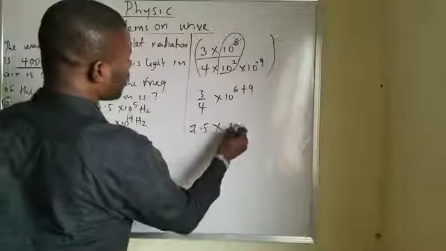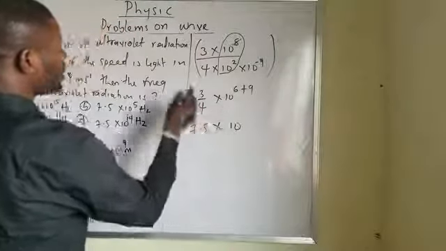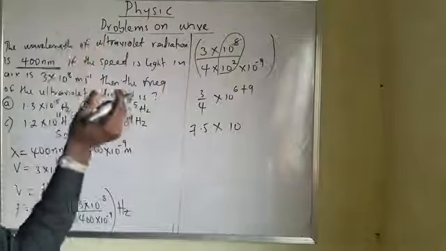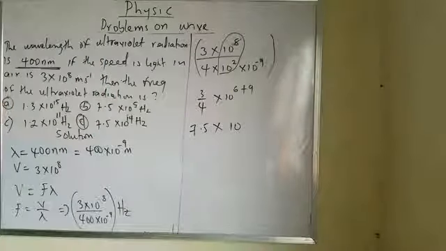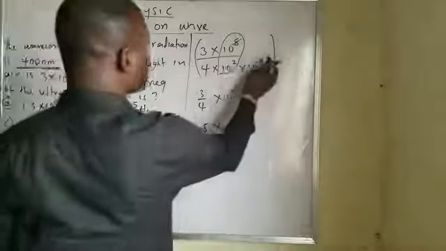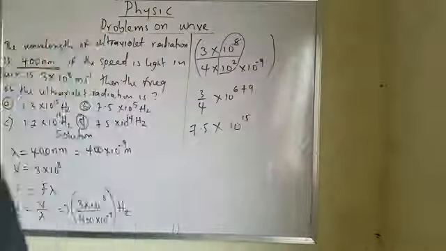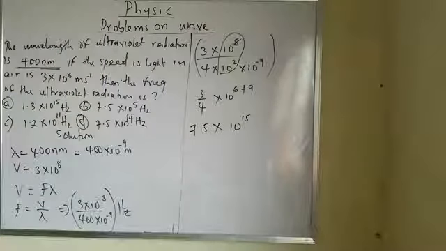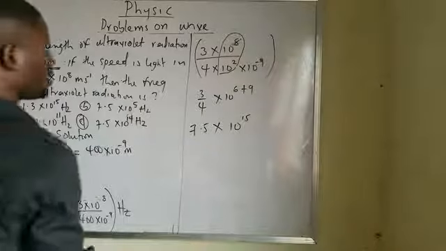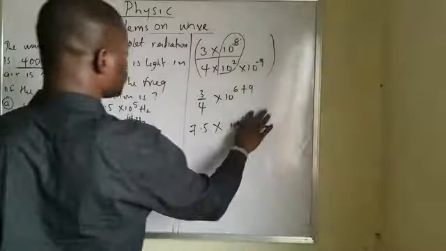7.5 times 10 raised to power 15? Is it 15 or 14? 6 plus 9 is 15, but taking the 7.5 into account, it will be 10 raised to power 14.